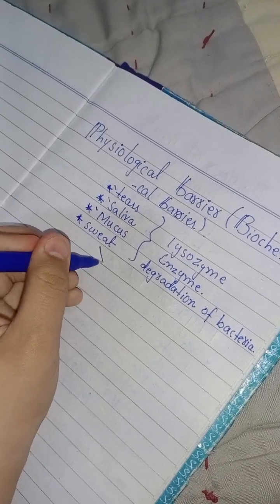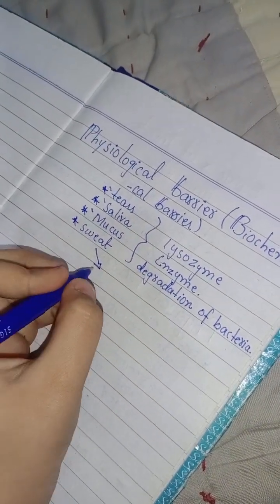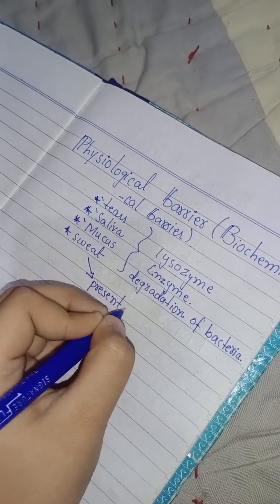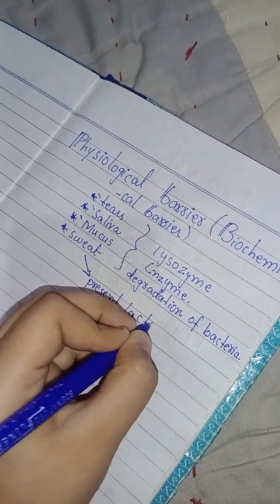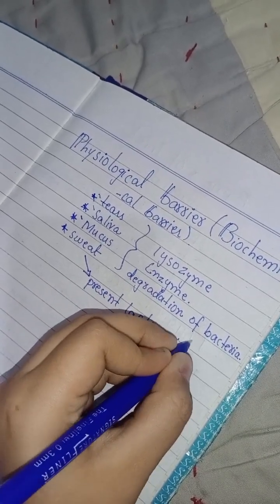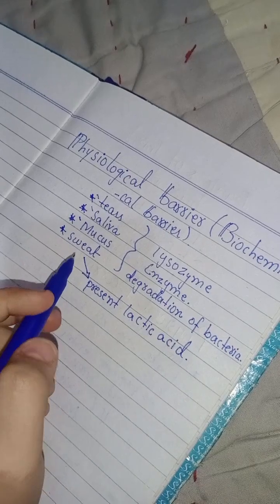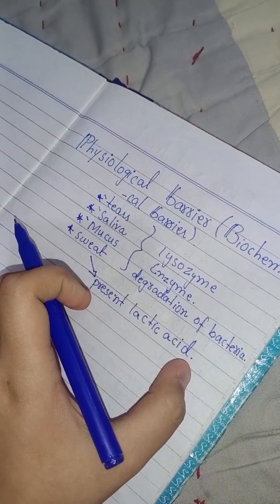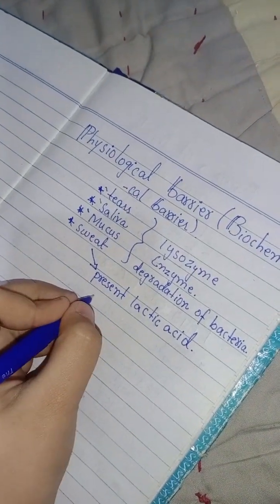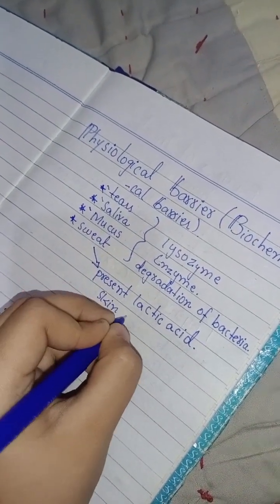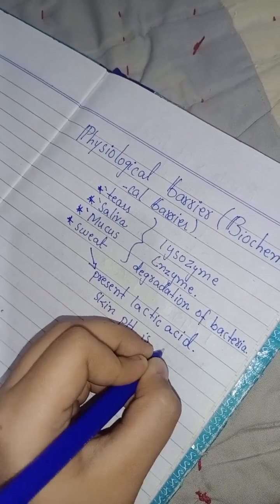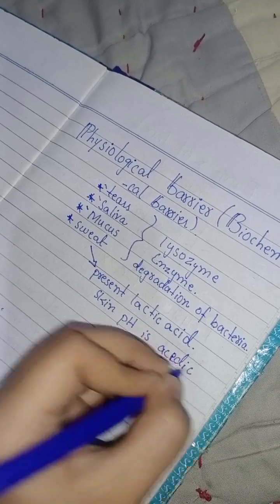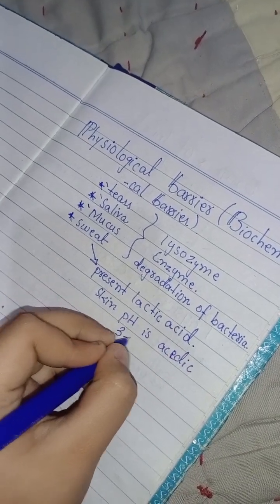Now sweat gland: lactic acid is present in sweat, which makes the pH of skin acidic, around 3 to 5.